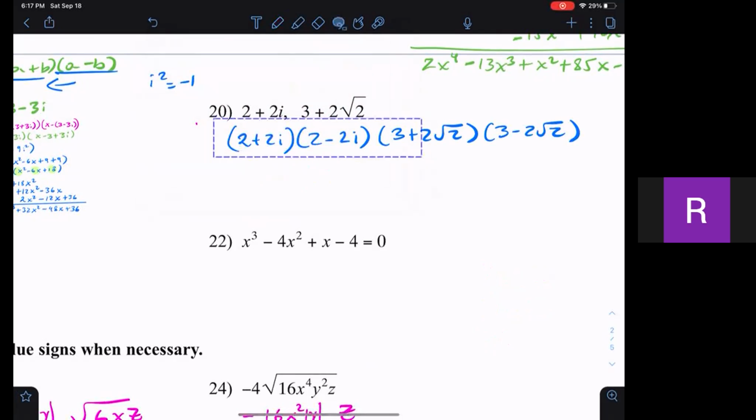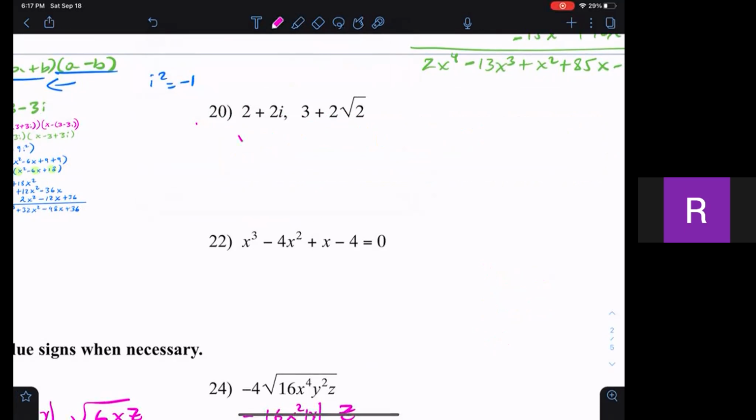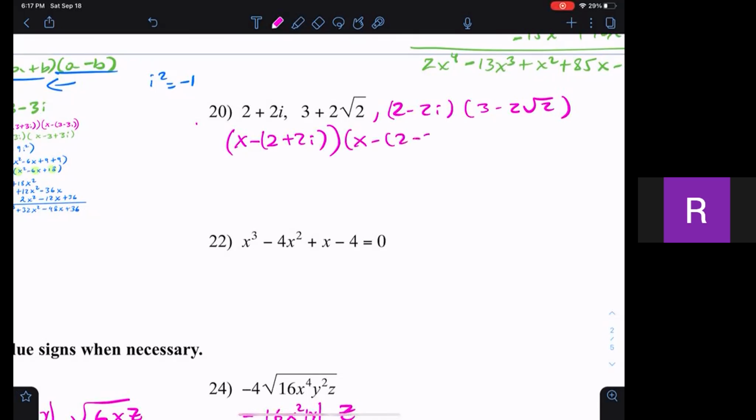I have to do the x minus thing, right? So this is going to be x minus, and I'm missing here 2 minus 2i, and here 3 minus 2 square root of 2. So x minus 2 plus 2i, that's the first one. Then we have x minus 2 minus 2i, that's the second one.